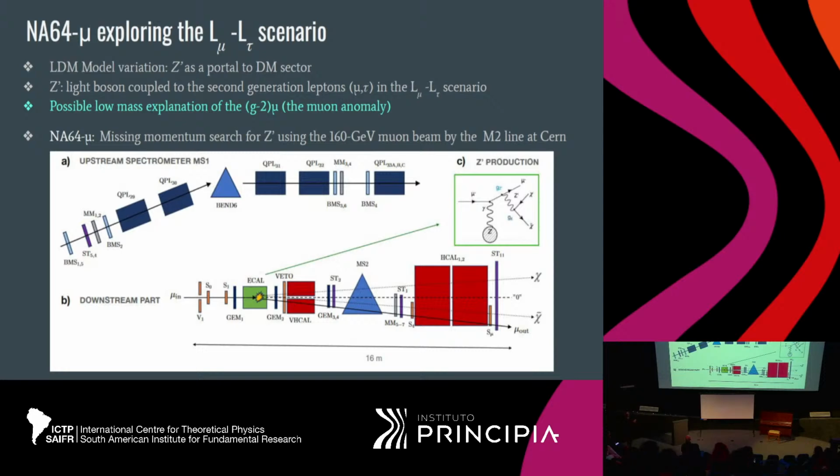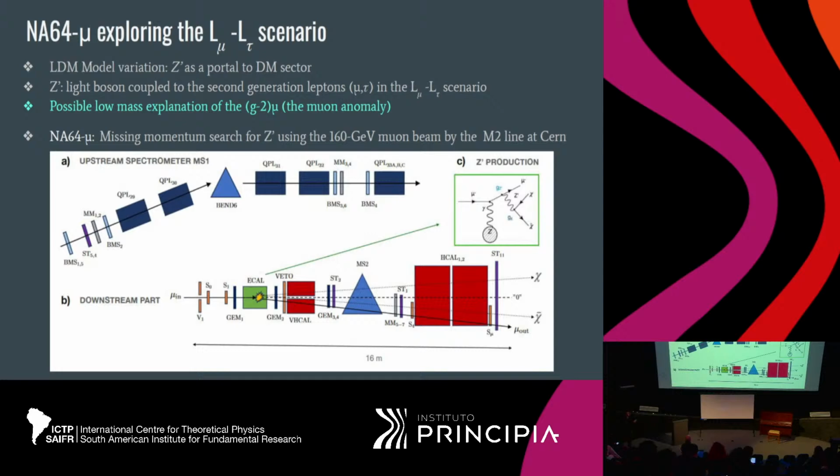So this scenario has raised a lot of interest, and the idea of the NA64 collaboration was to perform a new measurement with a muon beam to try to exclude this theory, or maybe discover something. But if you want to do such a measurement, you cannot use the exact same technique, because muons are penetrating, and you cannot simply measure their energy before and then the energy deposited in the target.